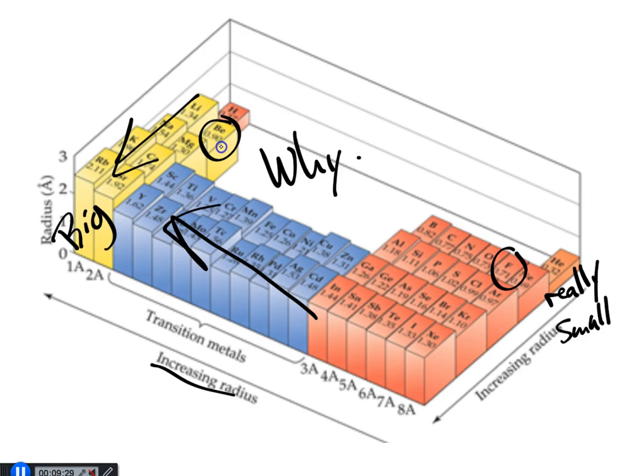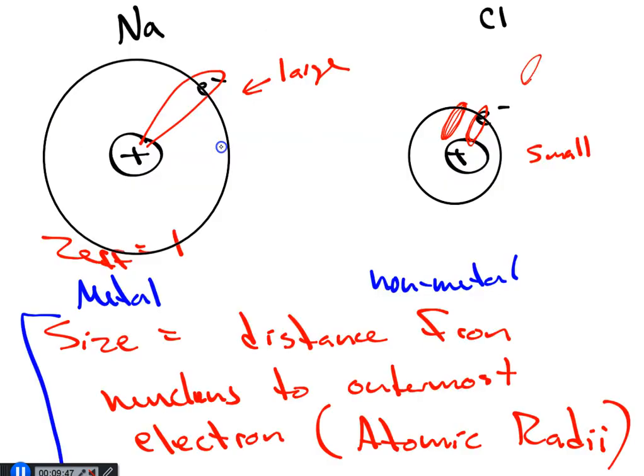That's not an answer. That's the trend, right? So it should be something about fluorine having a greater effect, pulling the electrons closer to them. Are you okay with that? So don't just tell me the trend. Tell me the why behind the trend.